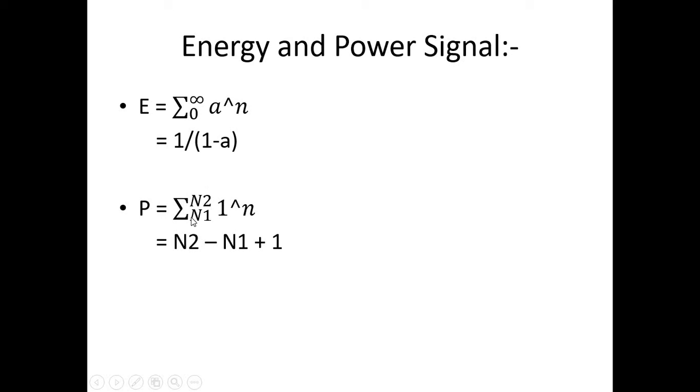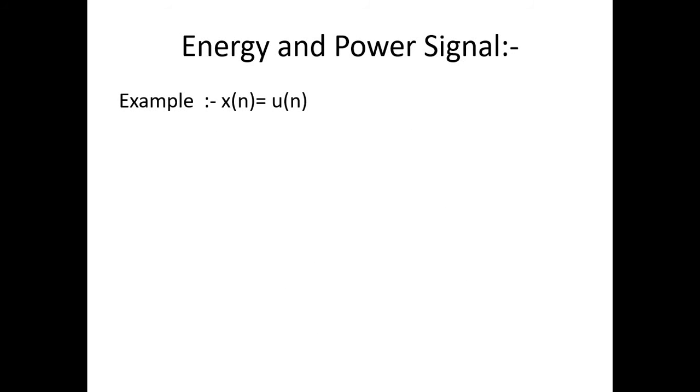And if P is the summation with n2 as the upper limit and n1 as the lower limit of 1 to the power n, we can write that as upper limit minus lower limit plus 1. So whenever you do a numerical problem based on energy and power signals, if this appears, you directly write this formula. So let's look at the numerical problem.